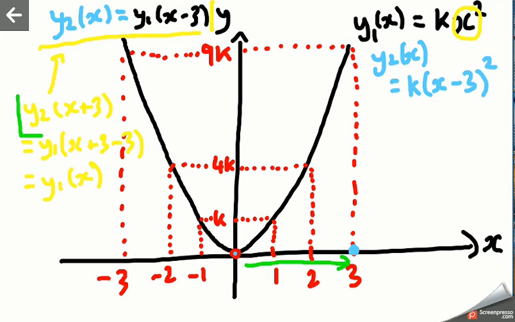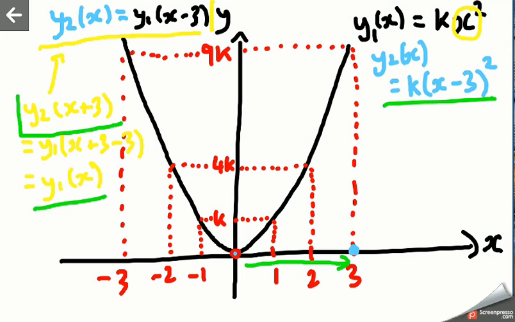If I want to get the same value for 3 units to the right in my y2 function as y1 of x, well, I need to do exactly what I just did. I need to subtract 3 from my x value before putting it into y1. And so that's where this equation really comes from.